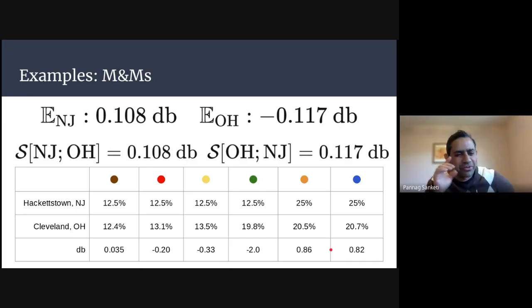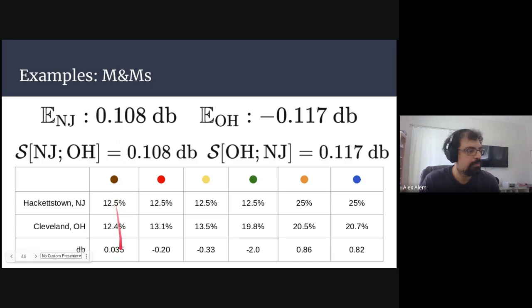Alex, can you help me understand how you got 0.108? So to calculate E New Jersey, we sampled from New Jersey data and calculated the weight of evidence. Is that what we did? Yeah. So to talk through this whole table: what is 0.035? It is 10 log 10 of 12.5 divided by 12.4. What is negative 0.2? It is 10 log 10 of 12.5 divided by 13.